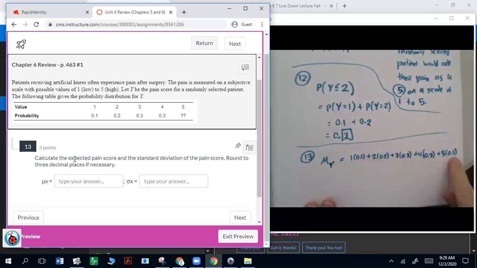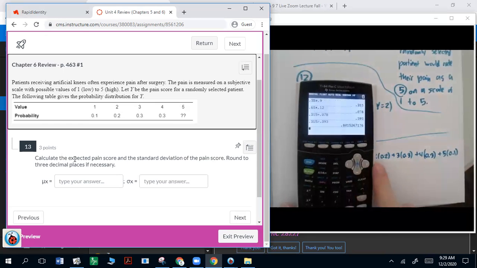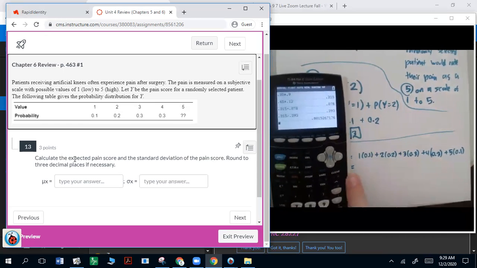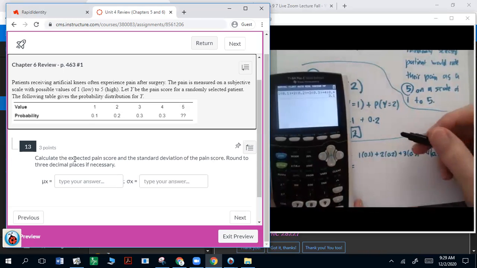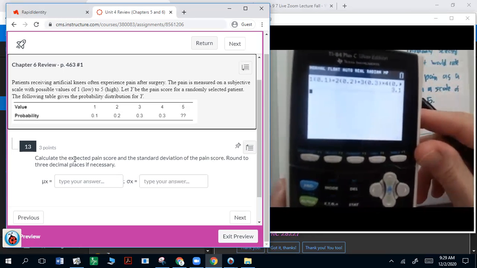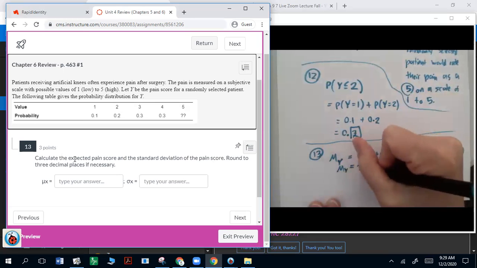So that's going to give you 3.1. So the expected pain score is 3.1.